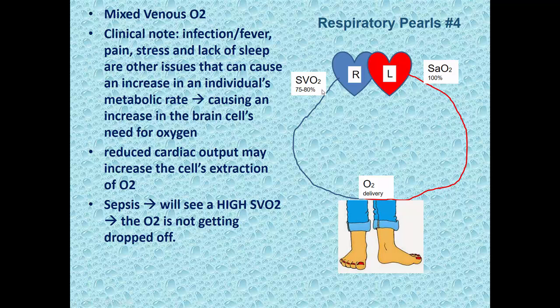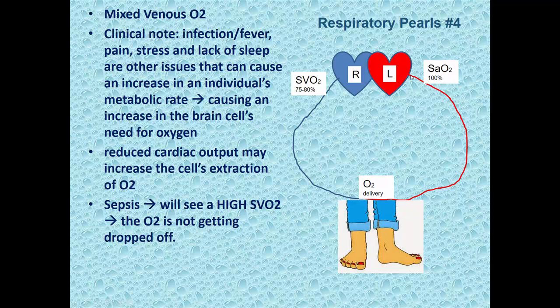The cells don't take more than what they need. They get what they need, and then that's it. And then the excess is returned back to the right side of the heart, where the truck fills up again with oxygen from the lungs and then makes its way round and round.